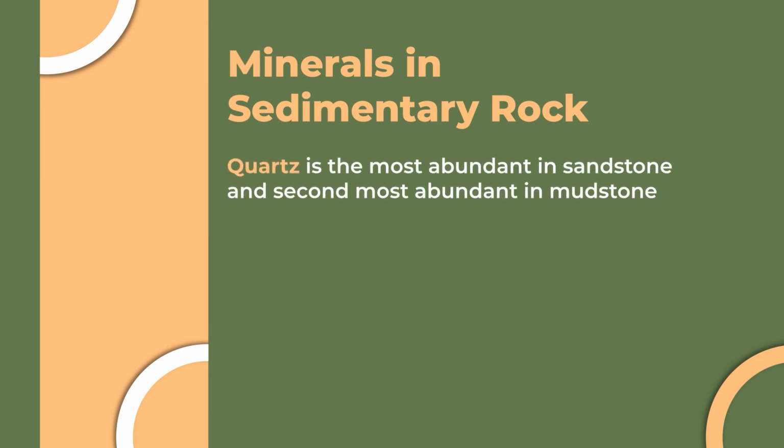Quartz is the most abundant mineral in sandstone and the second most abundant in mudstone. In mudstone, quartz is also very important because it is the small, fine quartz grains which are cemented together by clay that form mudstone.